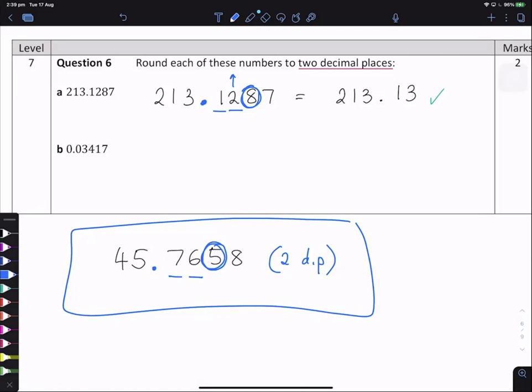So the rule though is if it's a 5 or higher, we round up. Because this number here is a 5, we need to round up the number. So which number do we round up? Do we round up this 5 or do we round up the 6?